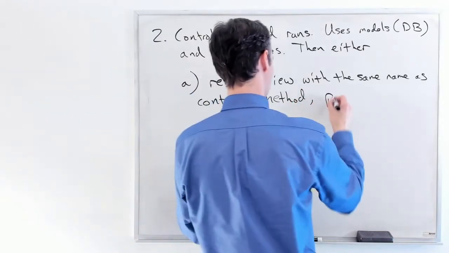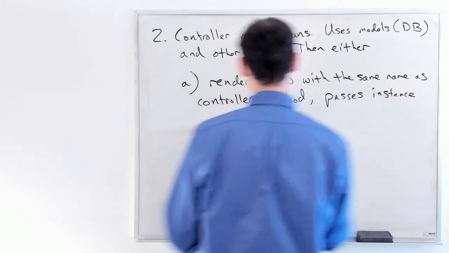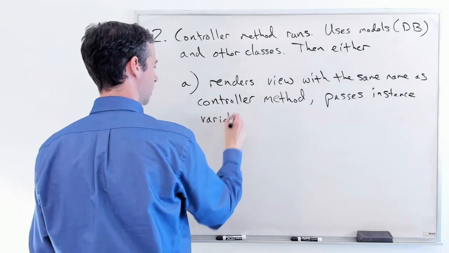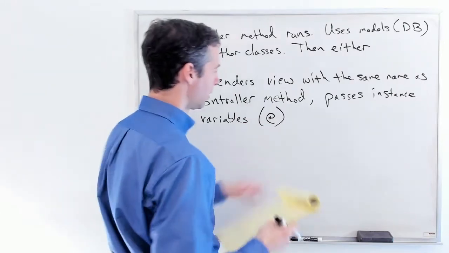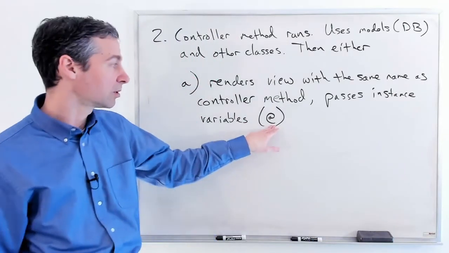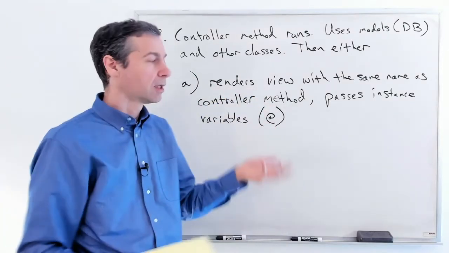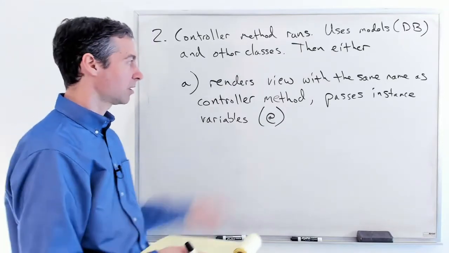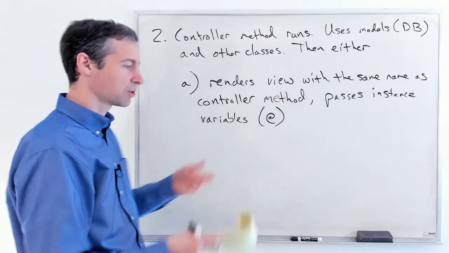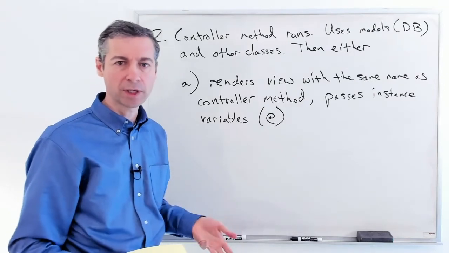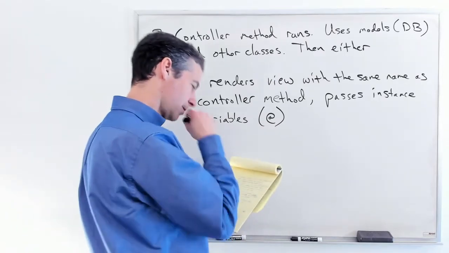And then it passes any of the instance variables from the controller. The instance variables, you recall, are the ones that you've preceded with the @ sign. So if you've made any instance variables in your controller, they're passed along to the view, which is a bunch of code that you've written that's going to run. It's in a nice templated format using ERB, so it ends up being a mixture of HTML and Ruby code.